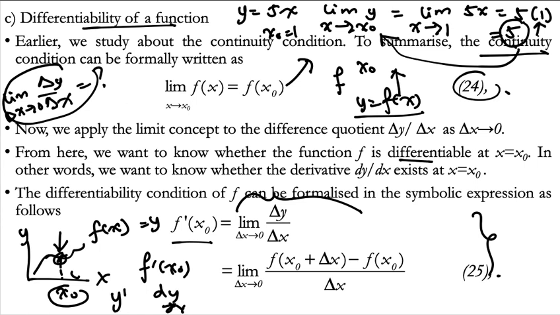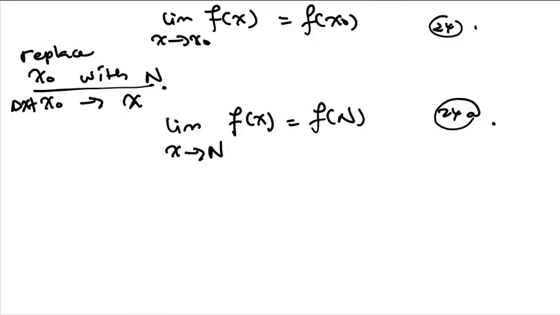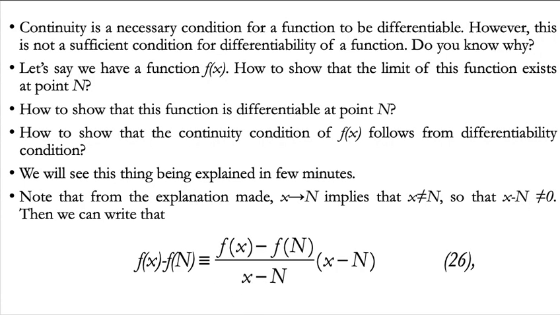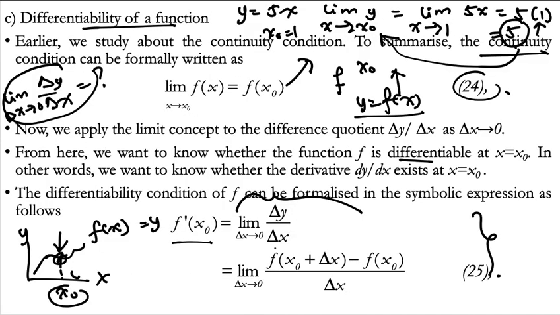Now, if you could recall back just now, I did mention to you this. We want to replace x naught with n. We want to replace change in x plus x naught with x. That means, let me rewrite again this function because we want to transform it into this.